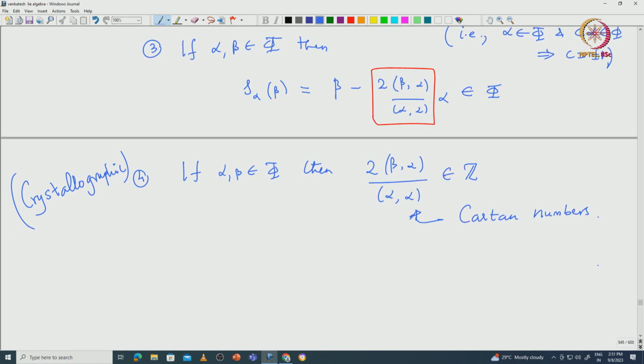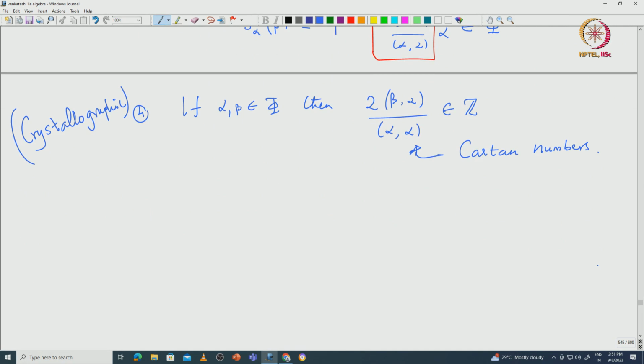Because this notation is going to be used again and again, we simplify it as the angle bracket beta comma alpha. The angle bracket beta comma alpha is defined to be the Cartan number twice (beta, alpha) divided by (alpha, alpha).